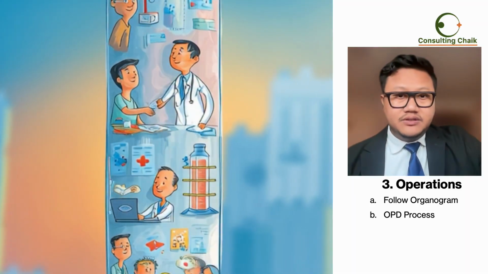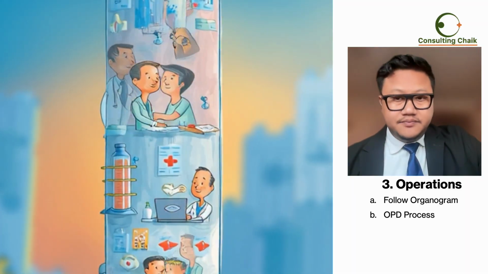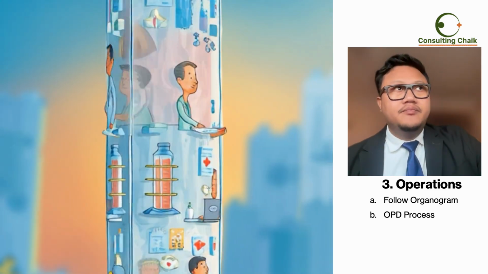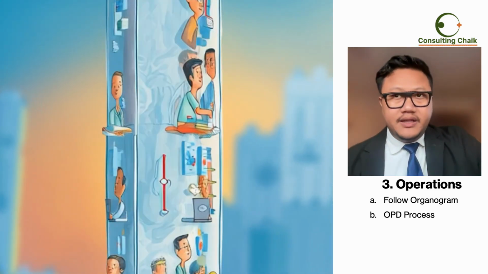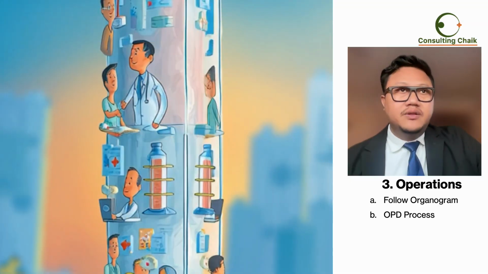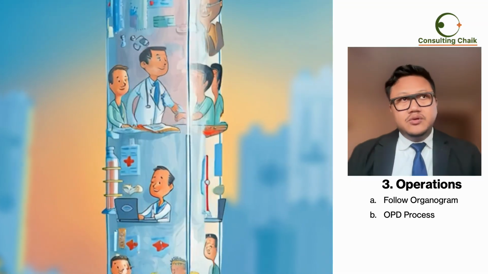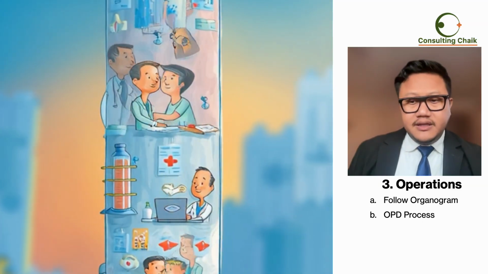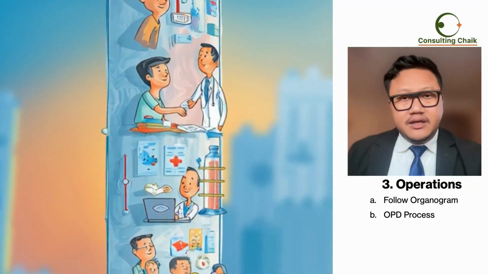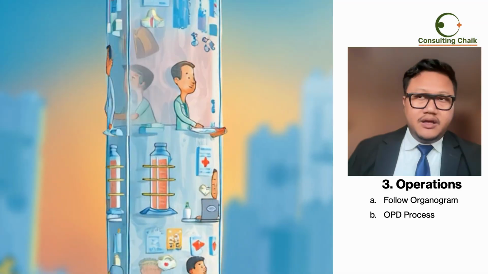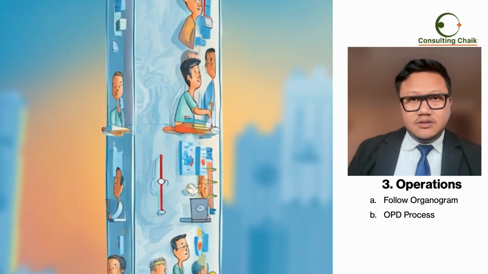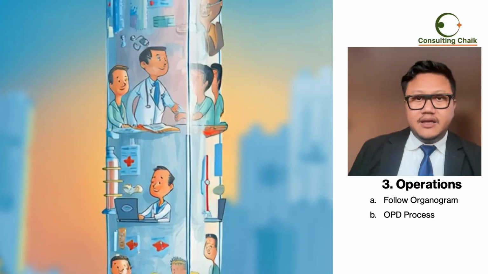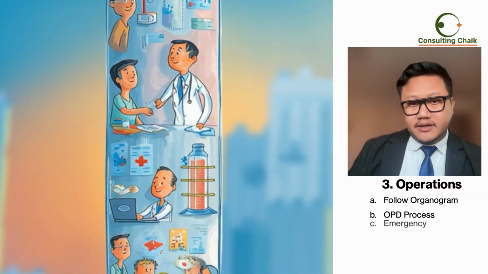Your OPD process. You have to ensure that the patients are treated well. How the registration is done, how they come, how their queue system starts, how they get their initial assessment, and then how they go inside the OPD, get the consultation, and then come out, the whole thing.